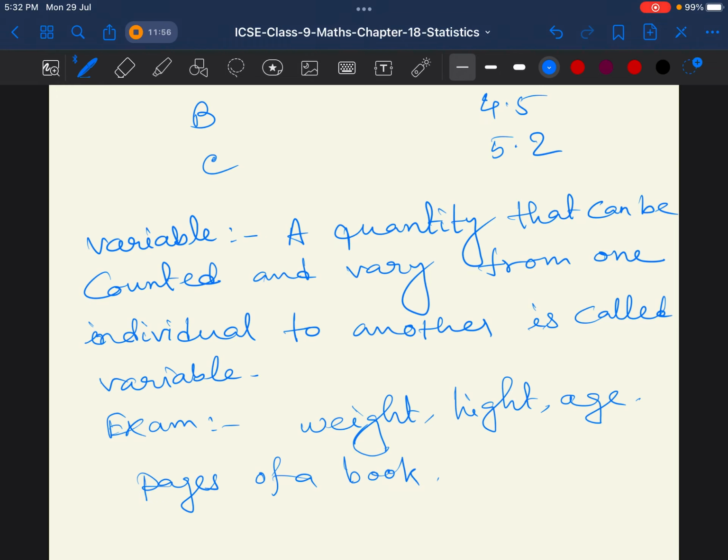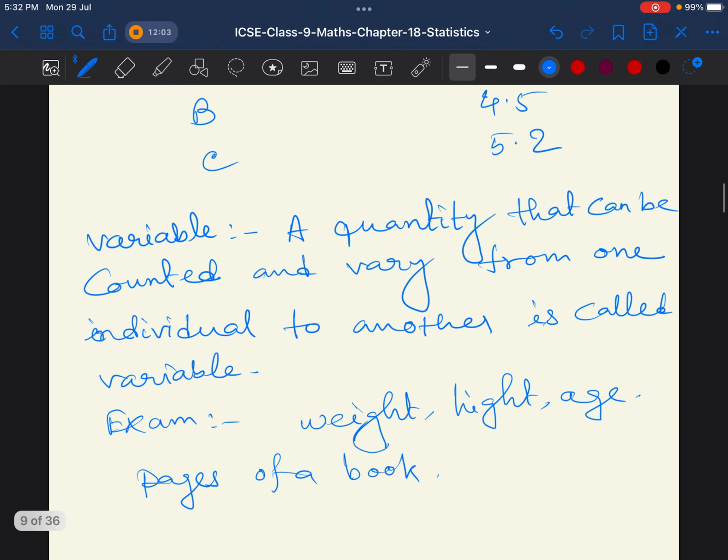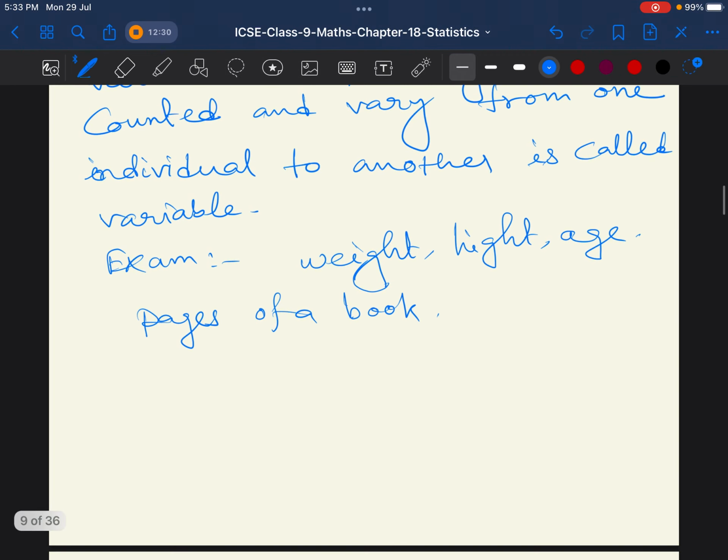Suppose for one student the weight is 30 kg, then for another student the weight will be 30.2 kg, so it will change from one individual to another, and this is a quantity that can be counted, so it is a variable.